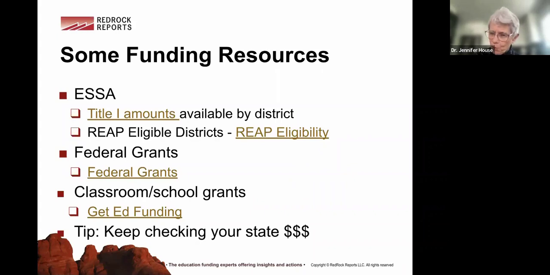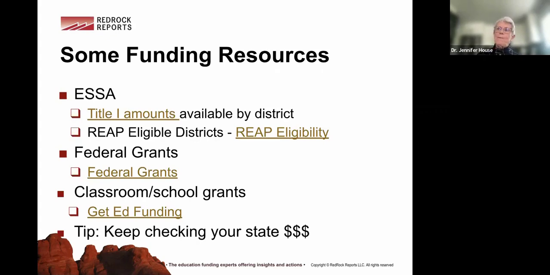Also, remember when I talked about the rural education assistance programs? They have eligibility of different rural districts. So if you're a rural district, you can click on that and look at your eligibility for additional funds other than what you already get from the Every Student Succeeds Act. Then there's federal grants, many different kinds of federal grants, and it's education, it's justice, it's labor, it's agriculture.